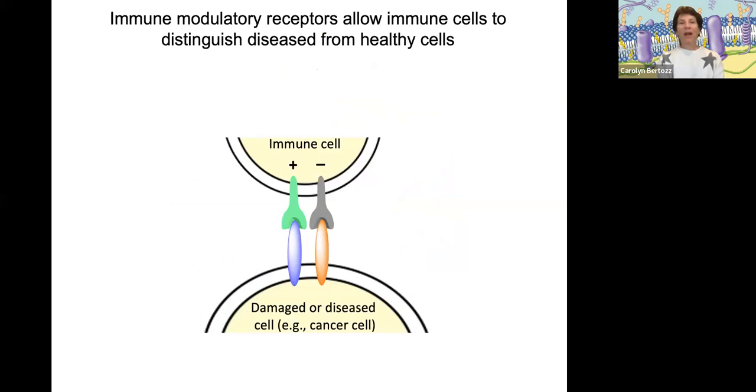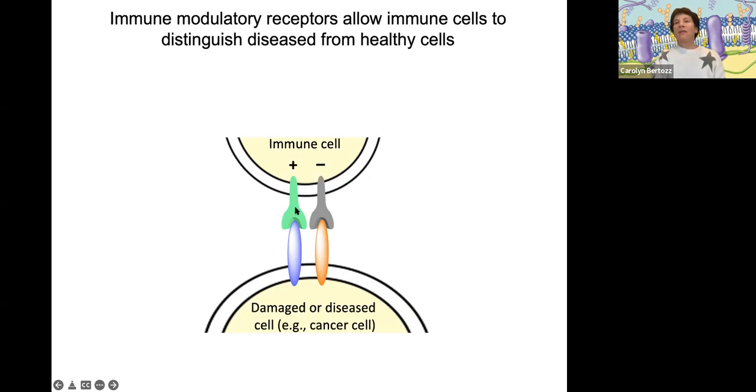At a very high level, the way that the immune cell can sense whether that target cell is healthy or diseased is through engagement of a collection of receptors on the immune cell with ligands on the target cell. And those receptors can signal to the immune cell in two different ways. Some of those receptors are activating receptors, like this green shape.